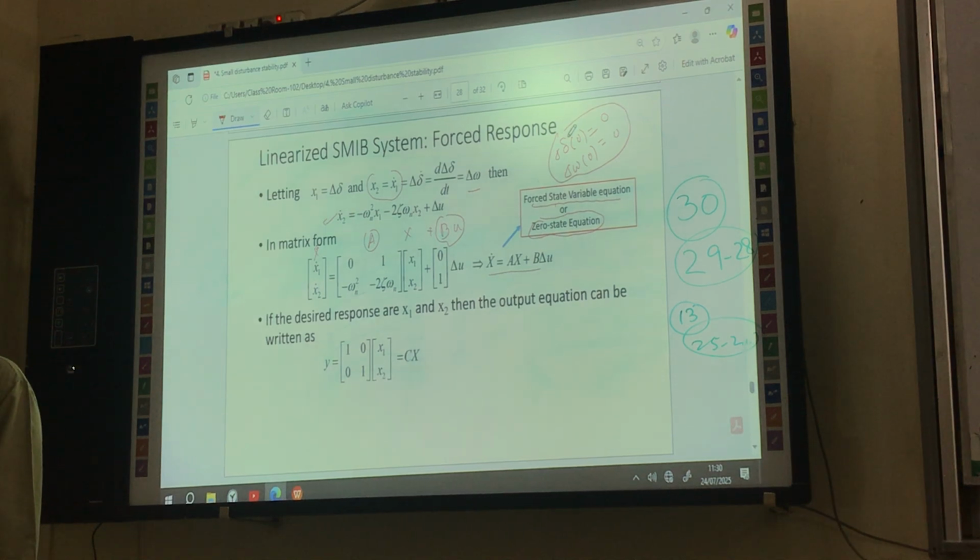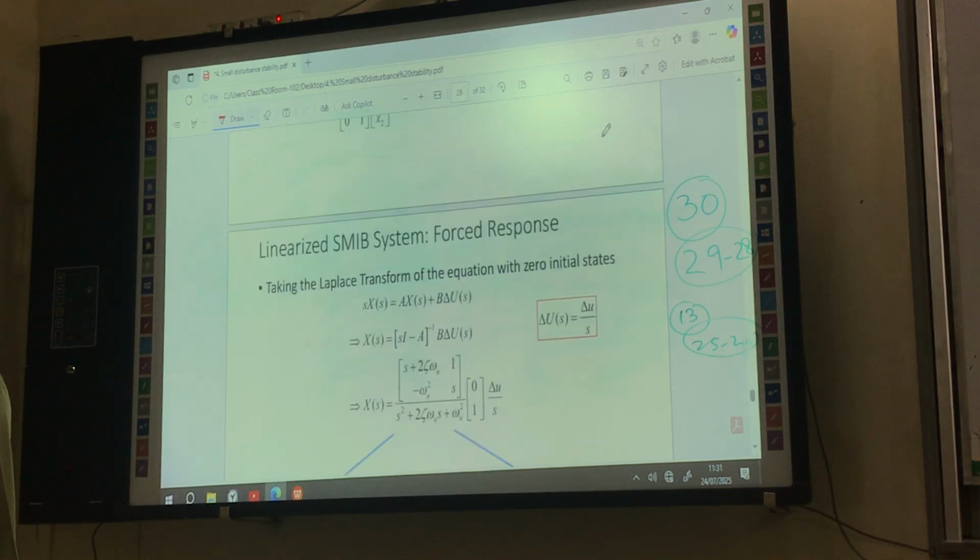We will neglect the initial condition and make these two things equal to 0. We will only consider the forcing function that is coming here in terms of this del u. That's why this is called the zero state equation. Now if you take x1 and x2 as your output, then that will be your output equation. That will be simply Cx. There is no plus Du term.